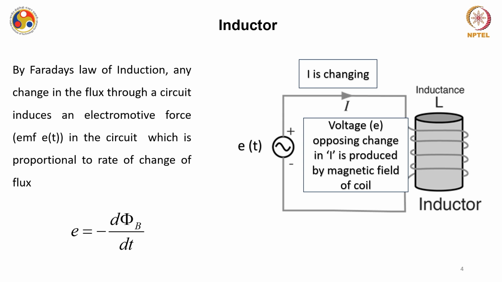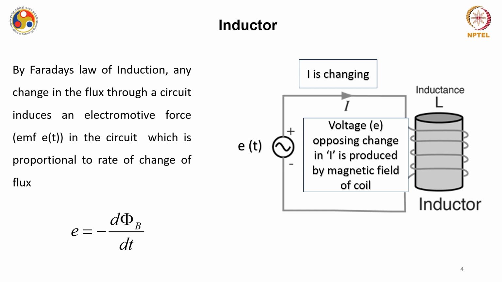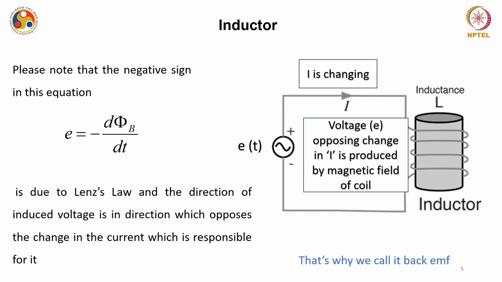Okay. This total flux is sometimes also written as phi subscript B. So I am using that notation. So E is equal to minus d phi by dt. Okay. Please note that I am having a negative sign over here in this equation. Okay. And this negative sign is coming from Lenz's law, right.